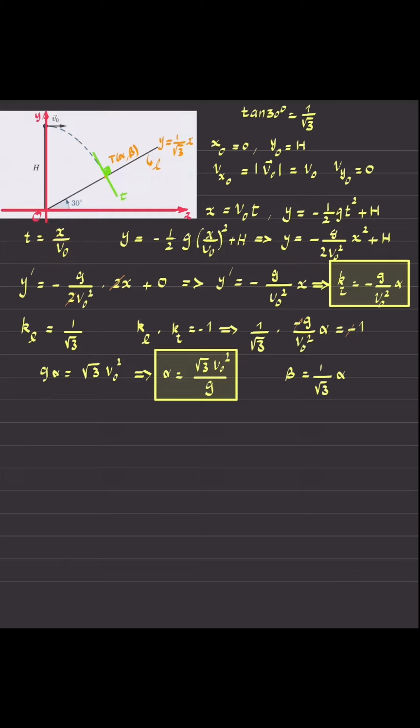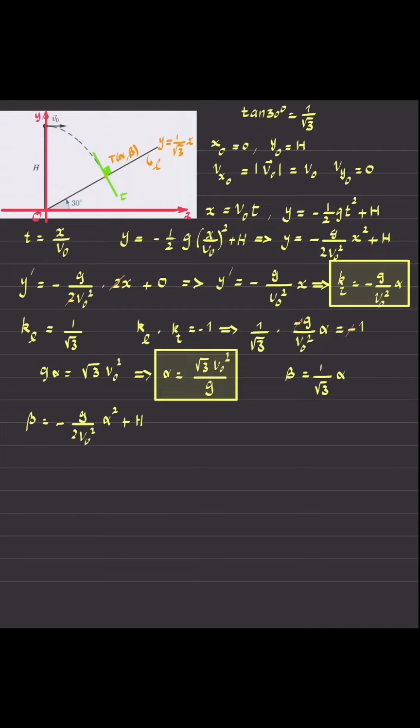Another relation is that this point also lies on the parabola. So the coordinates of the point will satisfy the equation of the parabola that you see here. So when I replace y with beta and x with alpha, the equality will hold. So I will do that. Beta is equal to minus g over 2v naught squared alpha squared plus h.